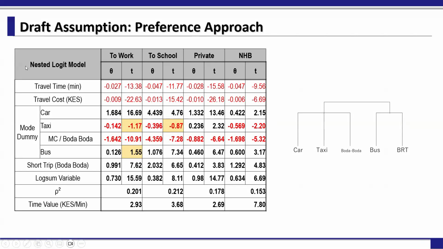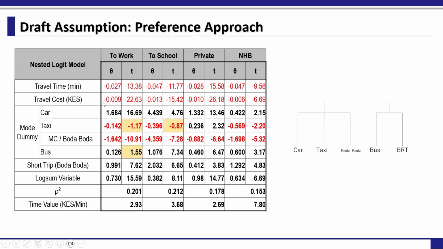However, when you develop mode choice models, the parameters of travel time and travel cost can be specified. So it means that, according to travel times and travel cost, the mode choice preference changes.